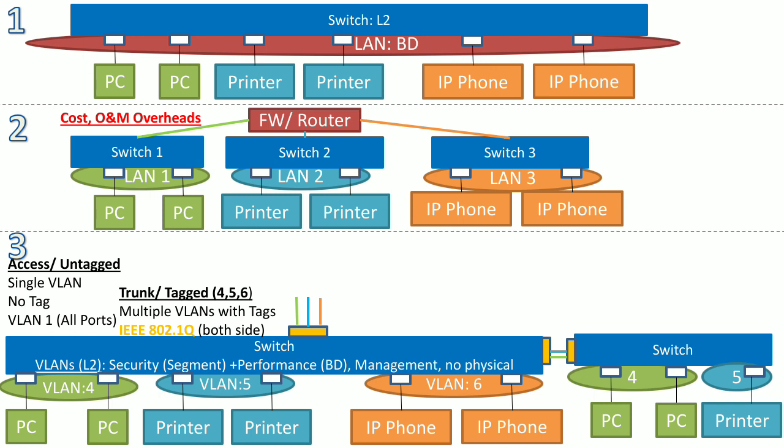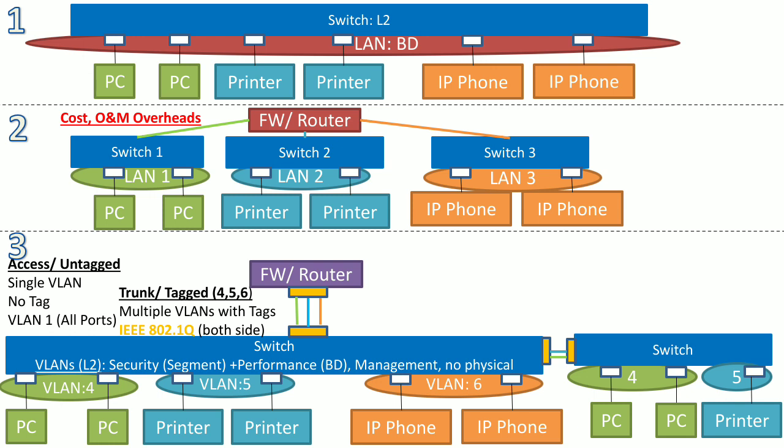Now if the traffic from both of these switches wants to go out from these switches or from the VLAN, then we can send this traffic by declaring another port on the first switch as a trunk port, and we will associate VLAN 4, VLAN 5 and VLAN 6 with this trunk port, and we'll do it on both sides, that is on the firewall or router and also on this first switch.